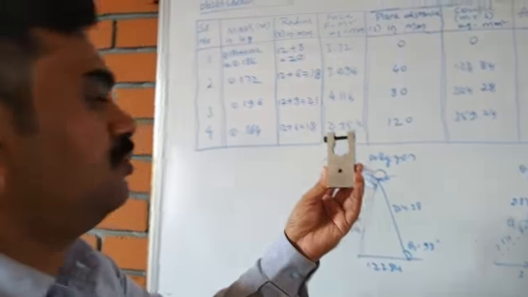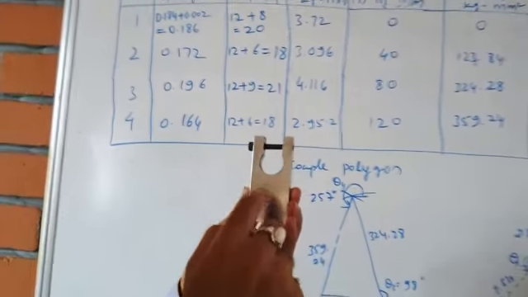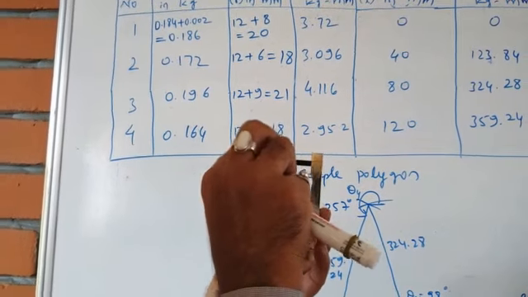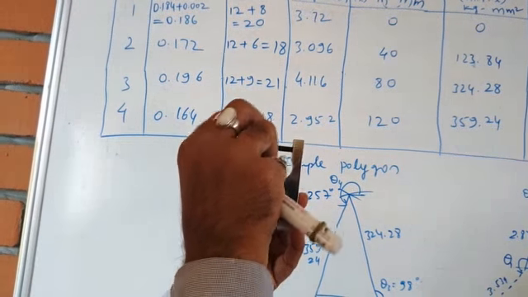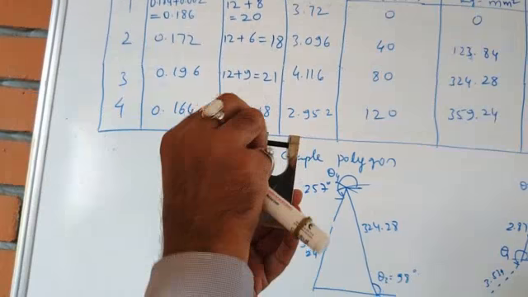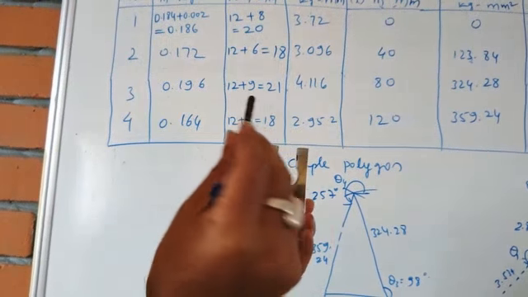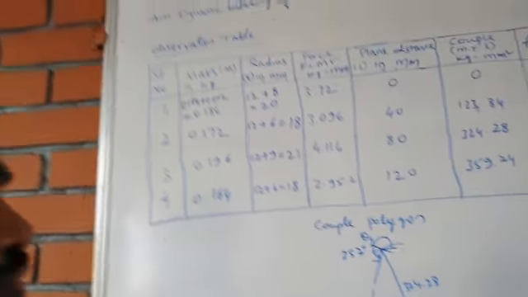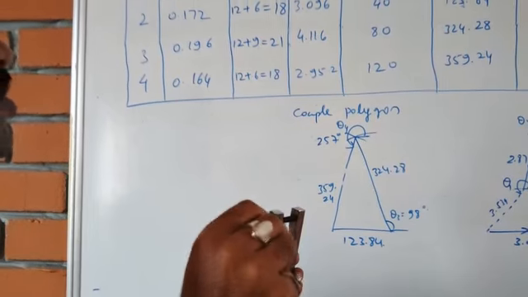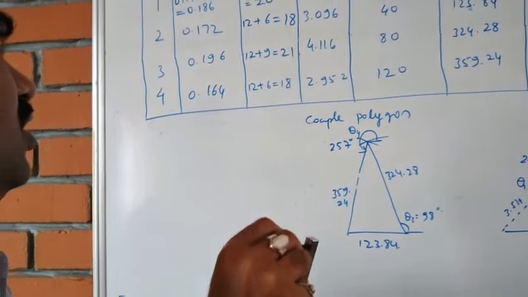We'll have a mass like this whose weight will be 0.186 kg, and we consider this aligned screw, whose weight is 0.002 kg.